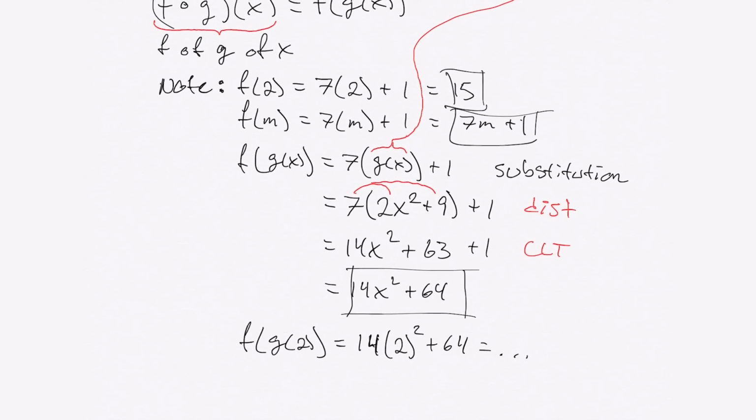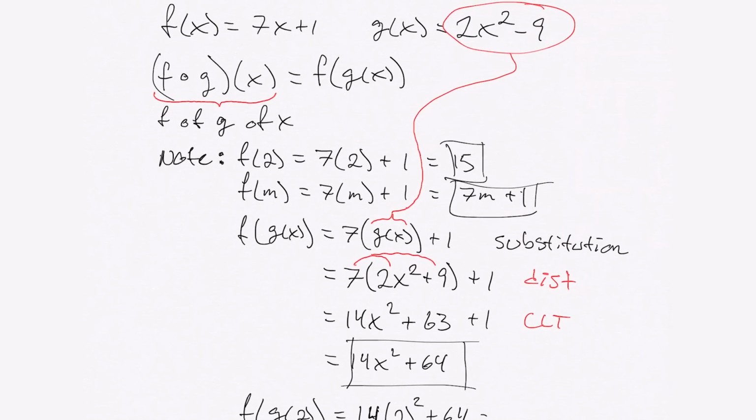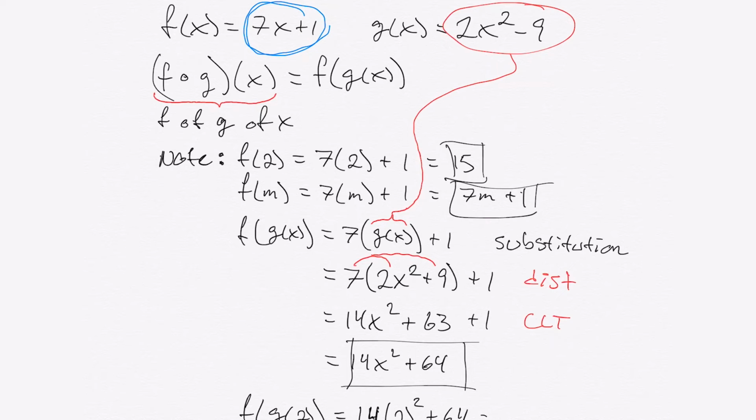Because of our original functions, f of x and g of x, that are near the top of the screen here, this function I'm circling does not have any restrictions on it. There's no danger of division by 0. There's no danger of square rooting a negative number. In the function g of x, no square roots, no division, no potential division by 0.